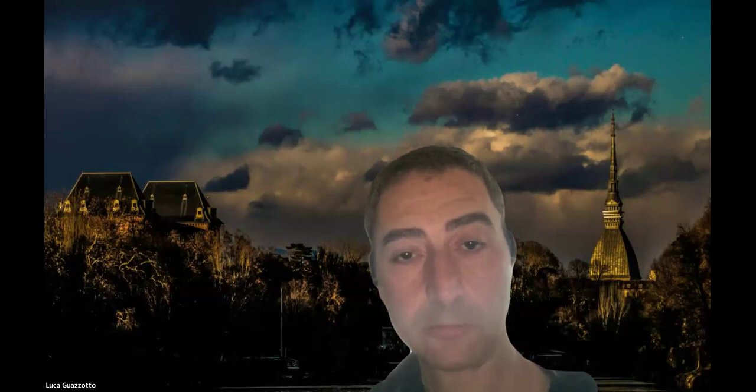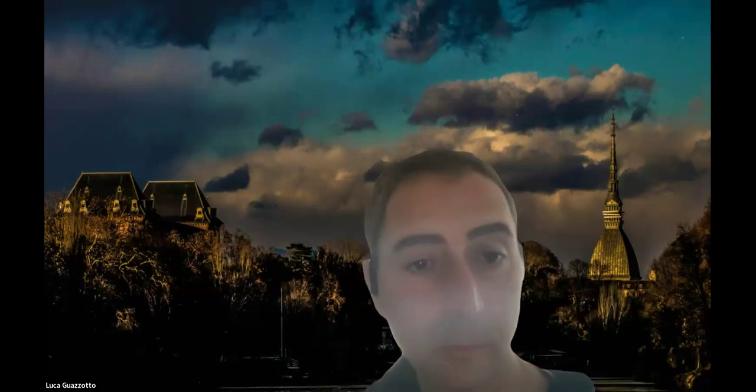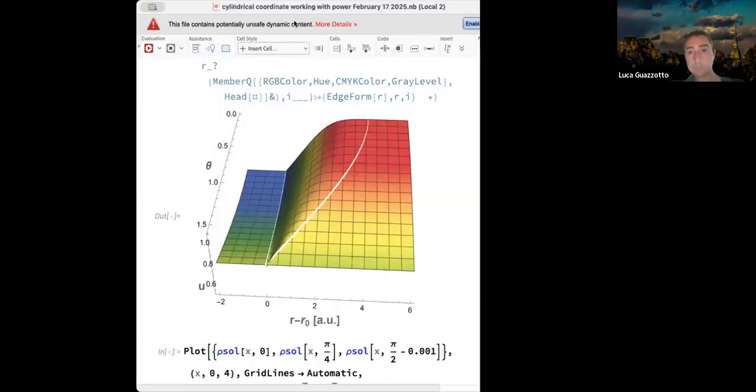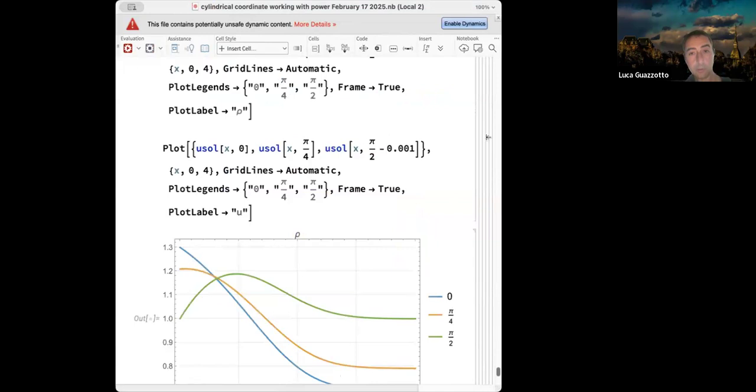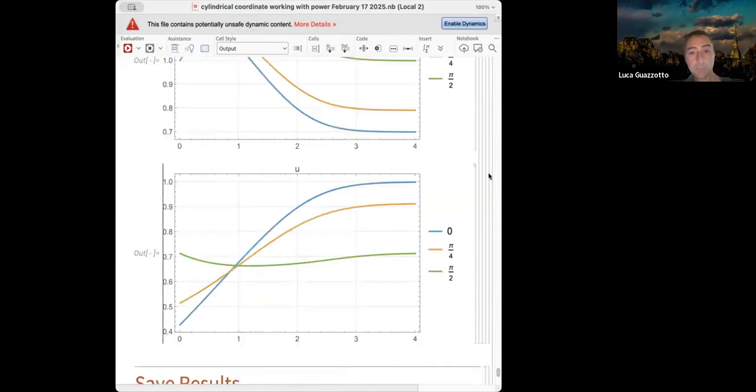Let's say I'm working on a problem of this type, where my solution does something like this. So if I look at the plot a little bit lower, my solution gets pretty flat here.